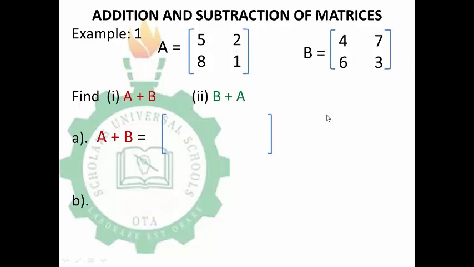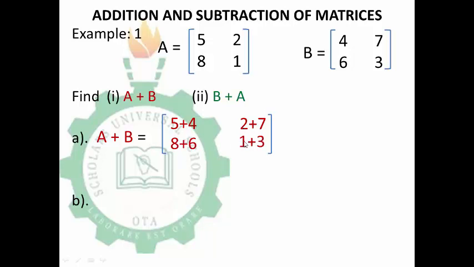And with that, you have performed the addition of matrices. So this is 5 plus 4. The next one will be 2 plus 7. The next one will be 8 plus 6. And the last one will be 1 plus 3.